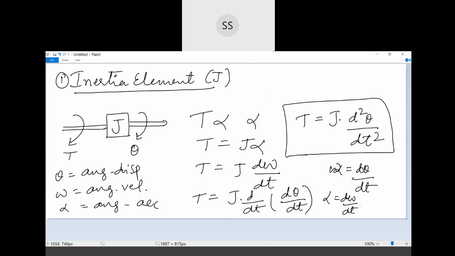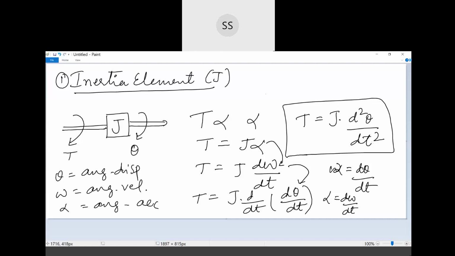But further, angular velocity is nothing but it is the rate of change of angular displacement. Okay, so that's why d by dt of d theta by dt. We are just replacing, that's all. This acceleration by angular velocity and angular velocity by angular displacement. So finally, T is equal to J into d square theta by dt square.